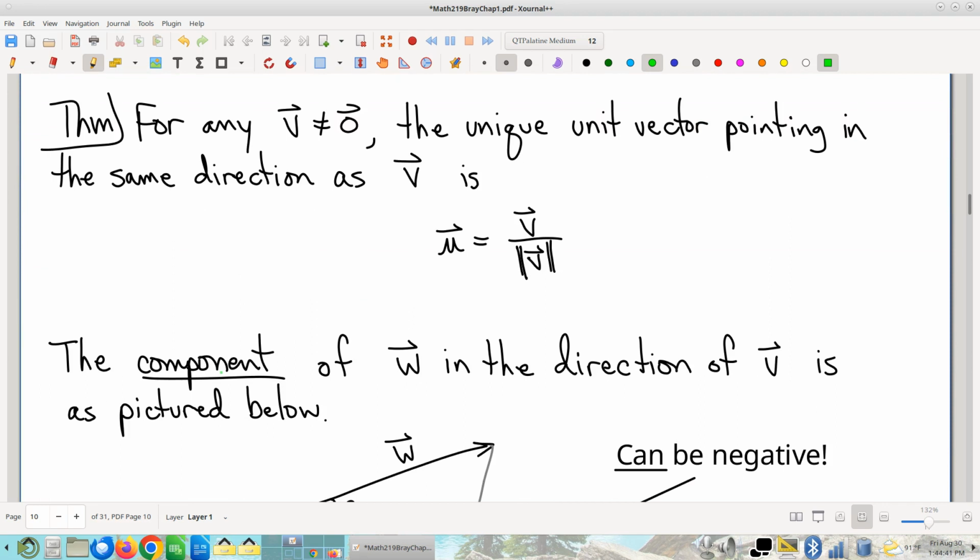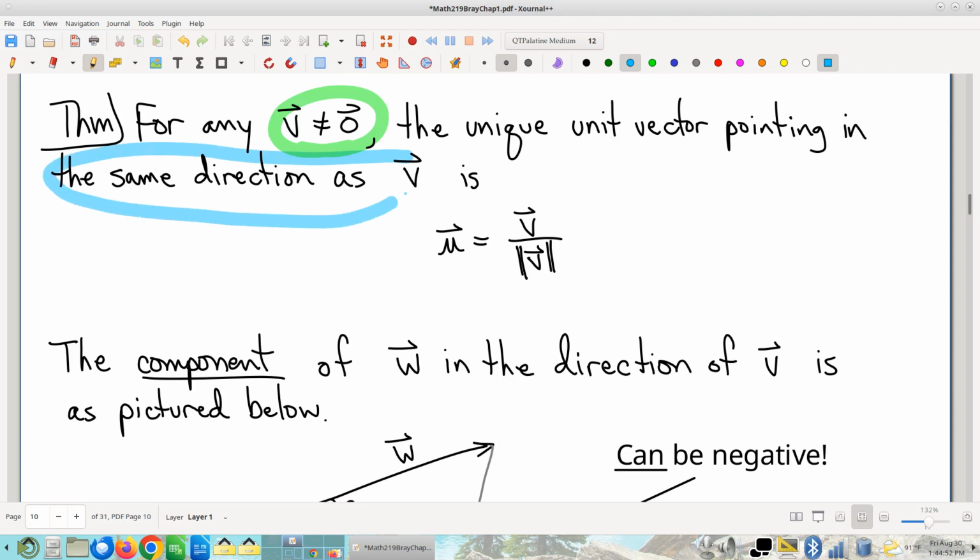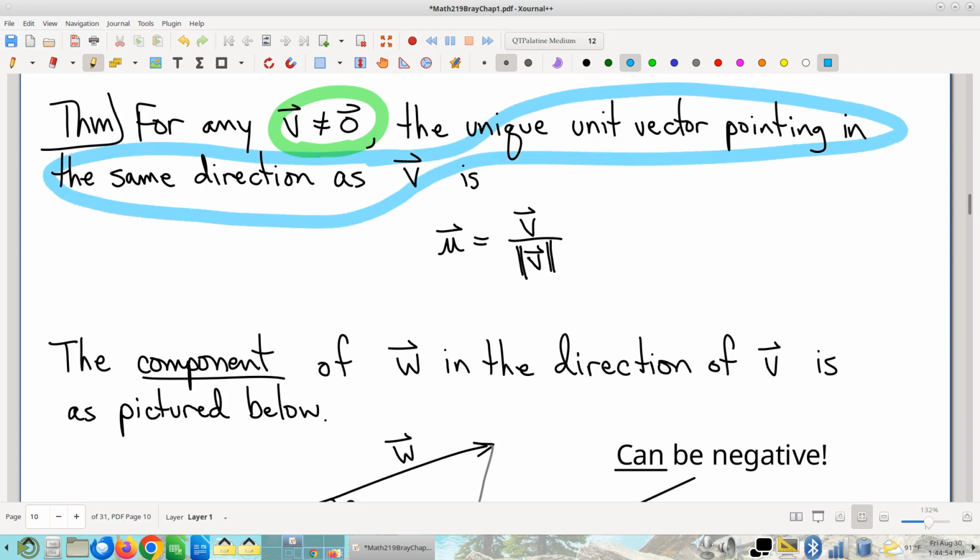Okay, here's a really cool idea. If you have a non-zero vector v, surprisingly often we want to find the unique unit vector that points in the same direction. And there's a really easy formula. There it is. All you've got to do is take the non-zero vector in question and divide it by its own magnitude.